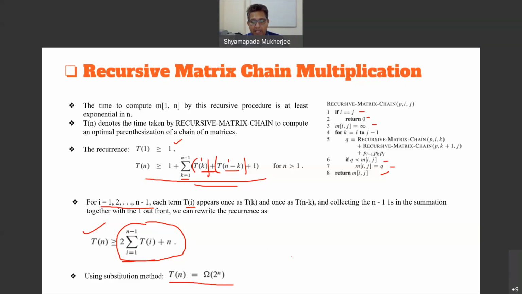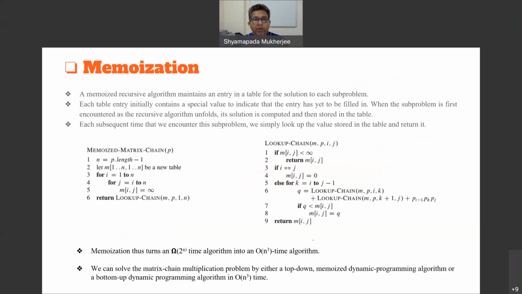But there is another way using the recursive procedure. When a recursive function is called for an input size, instead of recomputing the solution, we consult a table where we store the solution for that input size, and that is called memoization.